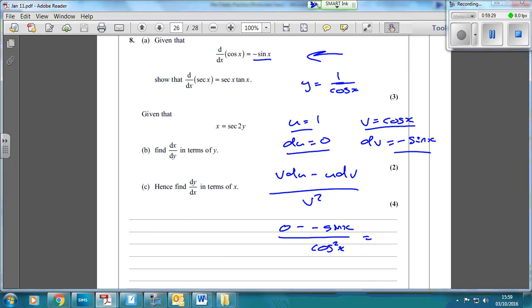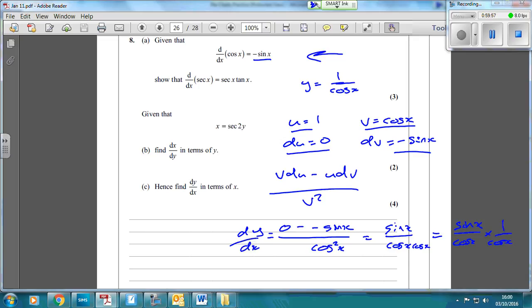So that gives us dy by dx. That's going to be sine x over cos squared x. Now what we can do is have that as sine x over cos x divided by 1 over cos x.